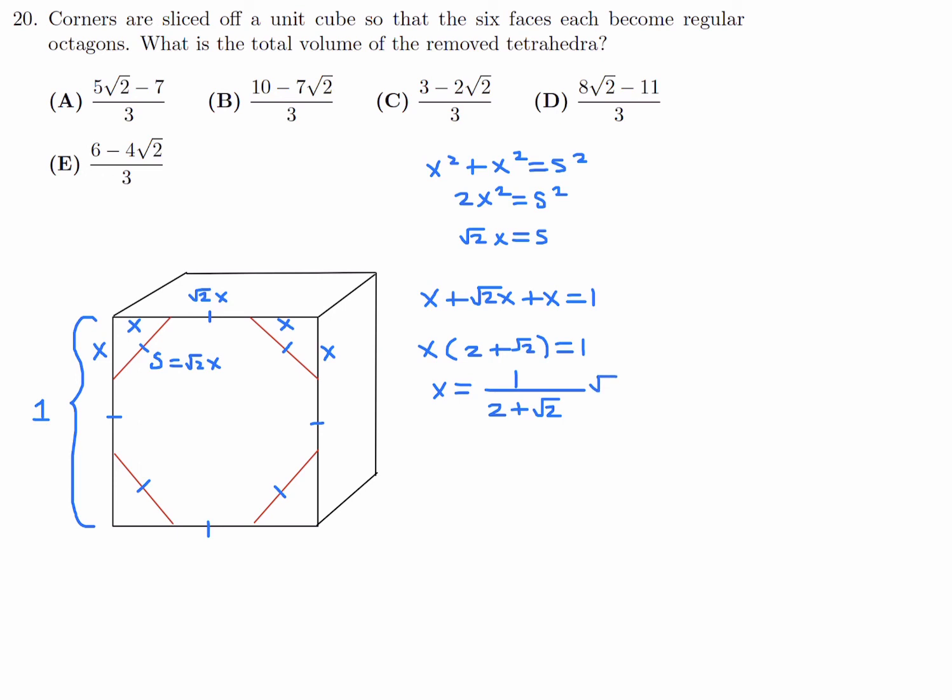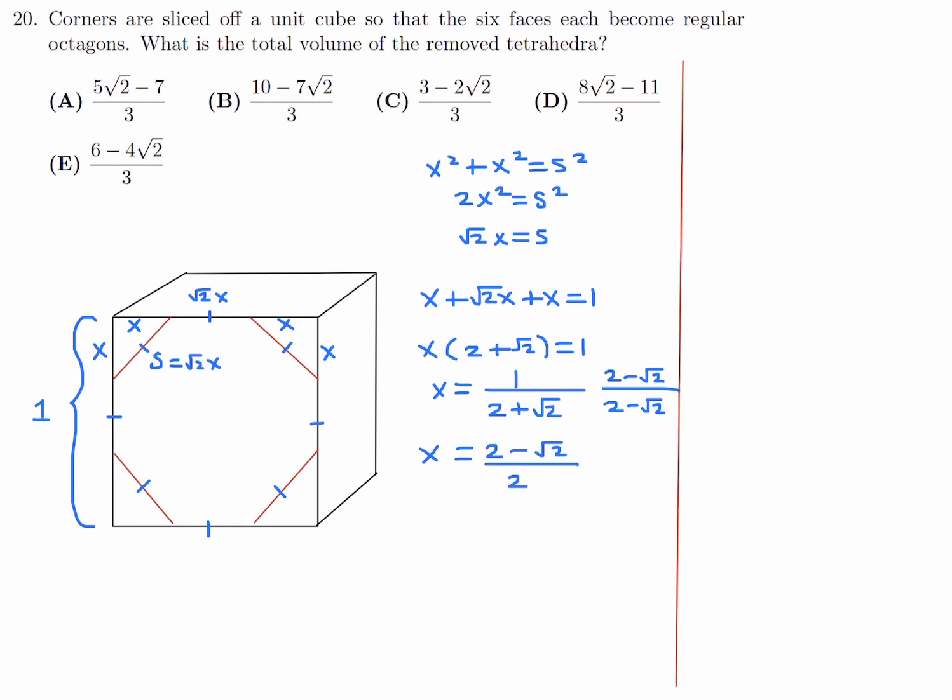And you can rationalize the denominator, multiplying 2 minus root 2, top and bottom, like that. And if you multiply this out, it'll be 2 minus root 2 all over 2, because the denominator becomes 4 minus 2. And that is x. Okay, so there we go. We got our value for x.